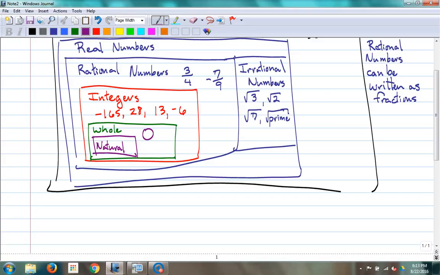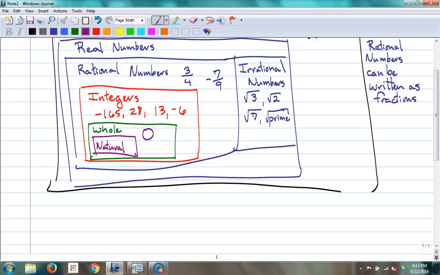If you're a whole number, what else are you? You're an integer. If you're an integer, what else are you? A rational number. If you're a rational number, you're also a real number. If you're a real number, you're also a complex number. So you fit into every category if you're a natural number. That's the smallest box we get to. There's no subset of the natural numbers that we can talk about that goes from there.